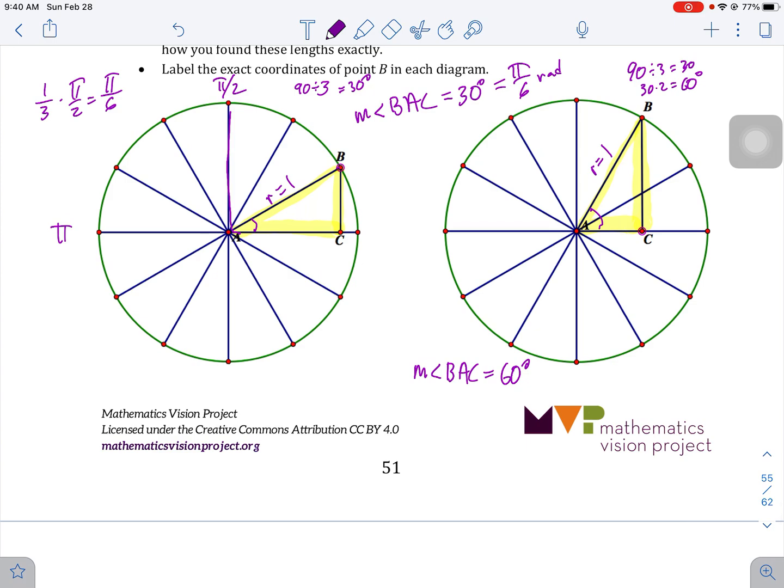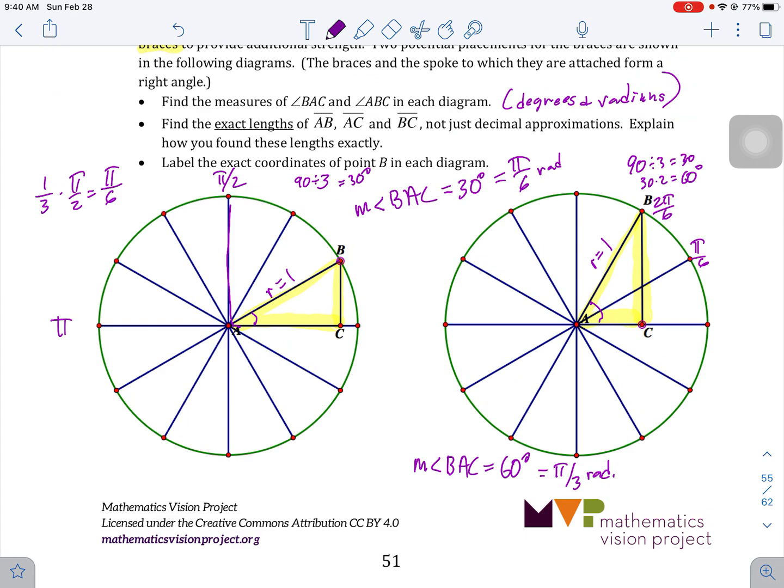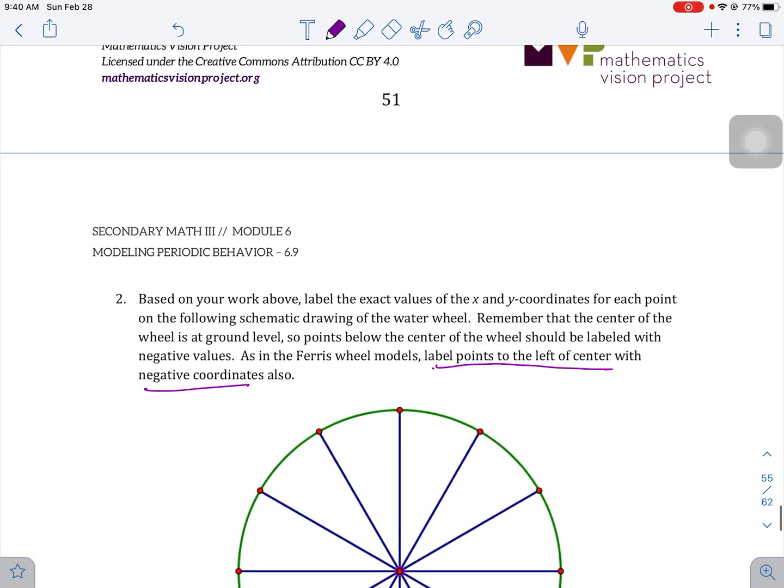And if we look in terms of radians, if pi over 6 is the first, this one must be 2 pi over 6, which is the same as pi over 3 radians. Okay, so each of these arc lengths are pi over 6, and we can use that to calculate going all the way up where 0 is equal to 2 pi radians.